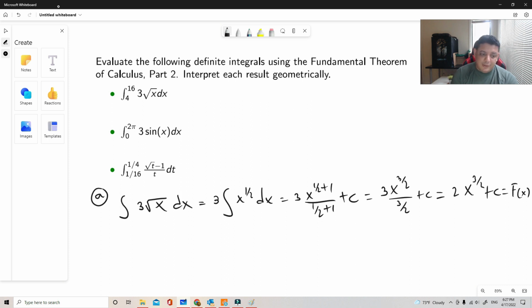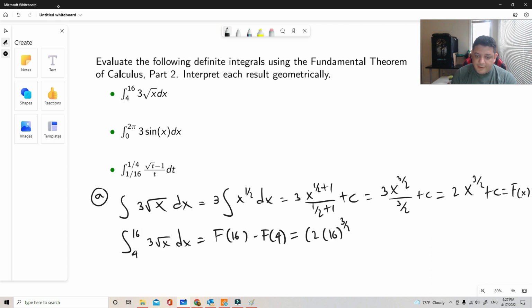So that means that if we are considering the integral from 4 to 16 of 3 square root of x dx, by the fundamental calculus theorem, we can think of this as F of 16 minus F of 4. And that's going to be twice 16 to the 3/2 plus c minus twice 4 to the 3/2 plus c.